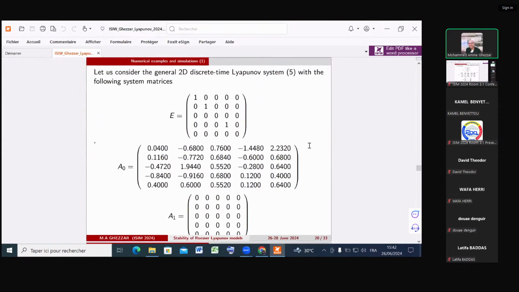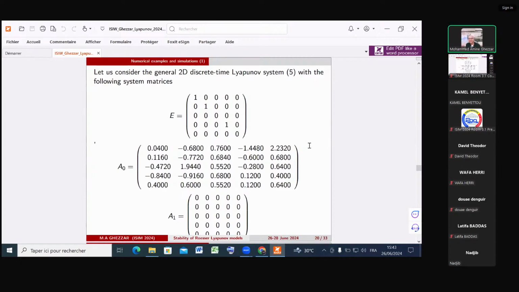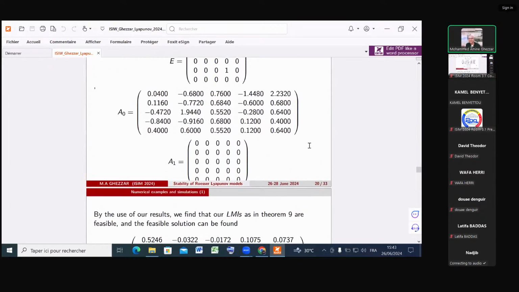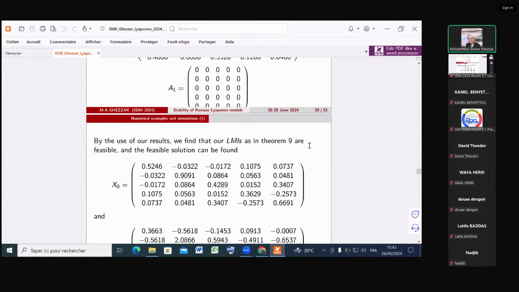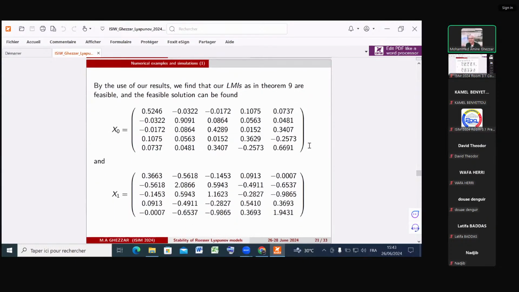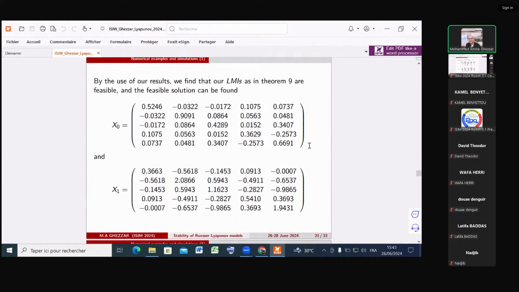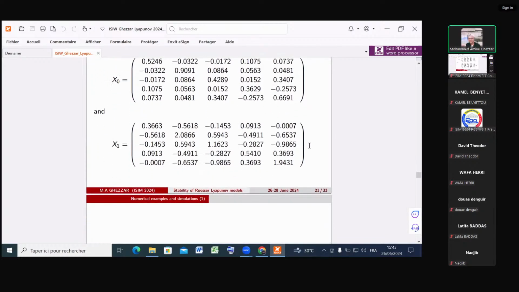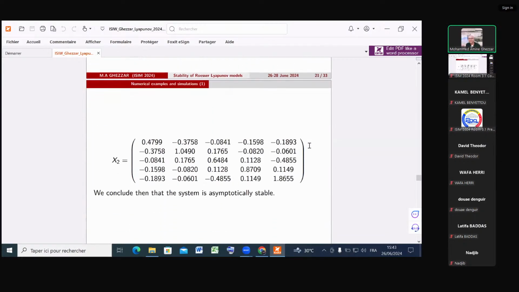We can give you a numerical example. If we have this numerical example for E, A0 and A1 defined like this, we can state that this system is feasible, okay, and the system is asymptotically stable.